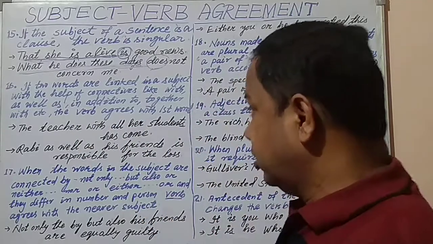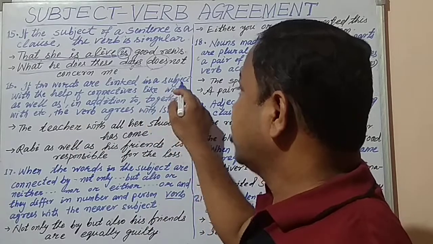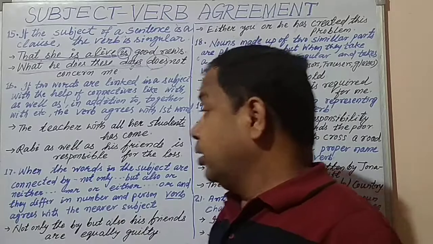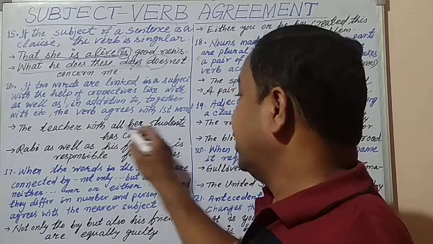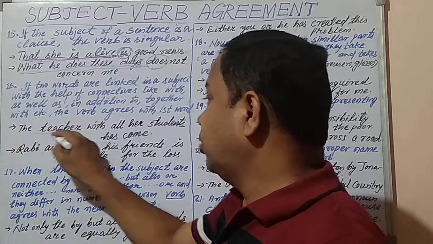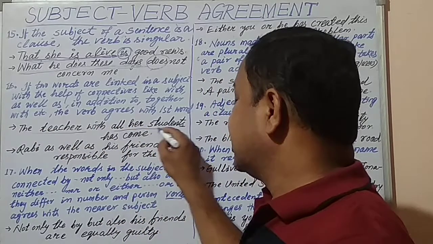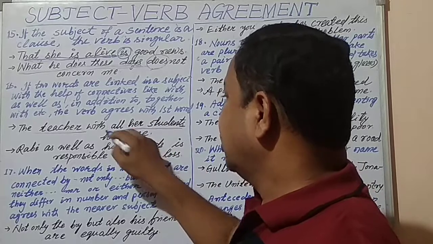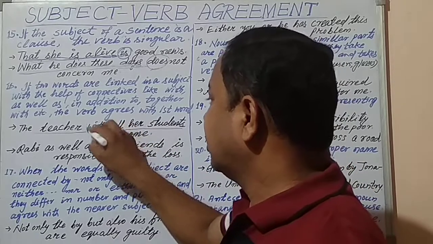Children, you see here, if two words are linked in a subject, take the example, "the teacher with all her students." The teacher is one word and all her students another, and they are connected here with a connective, that is with.